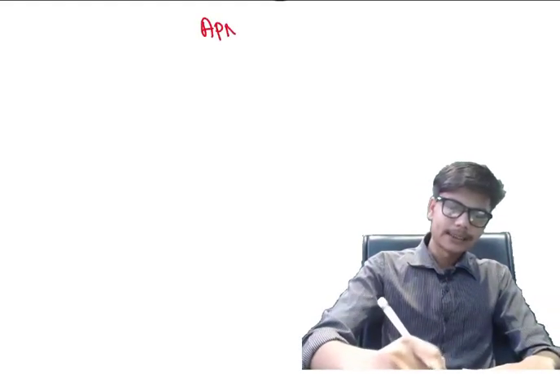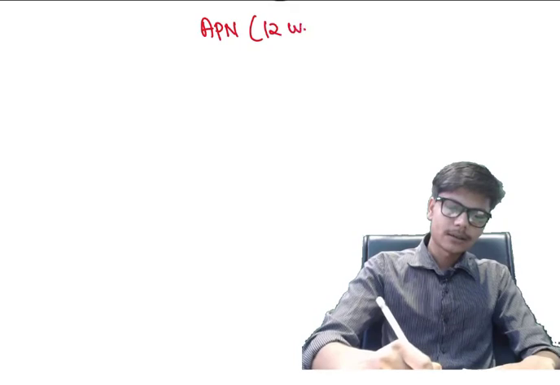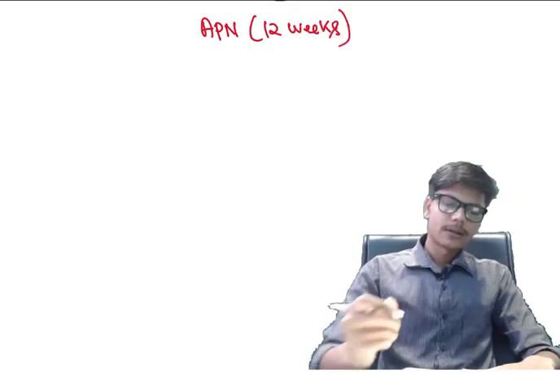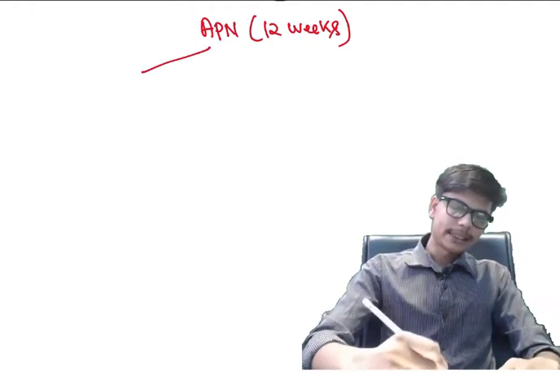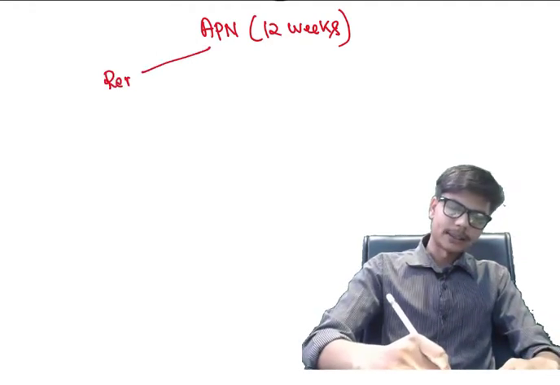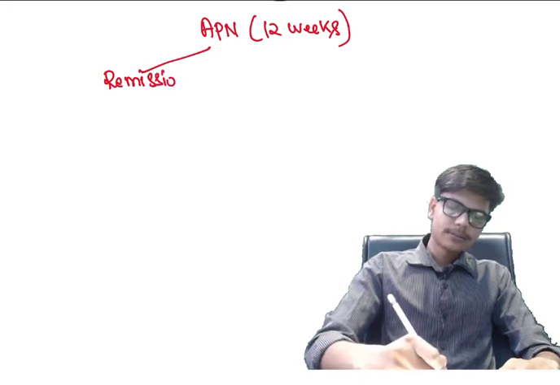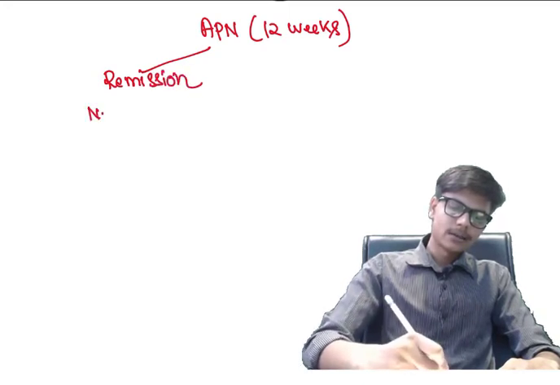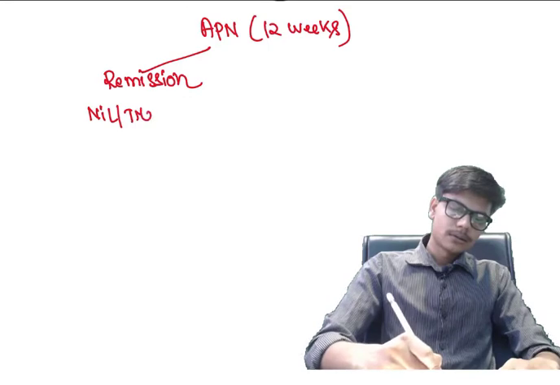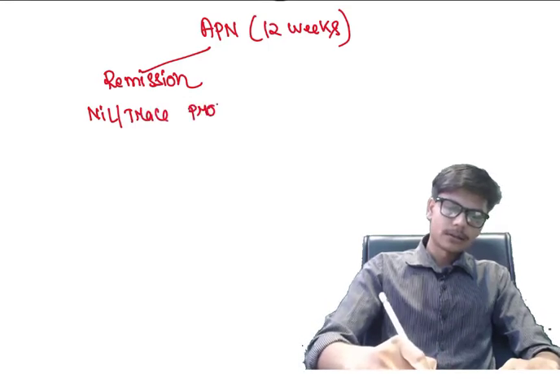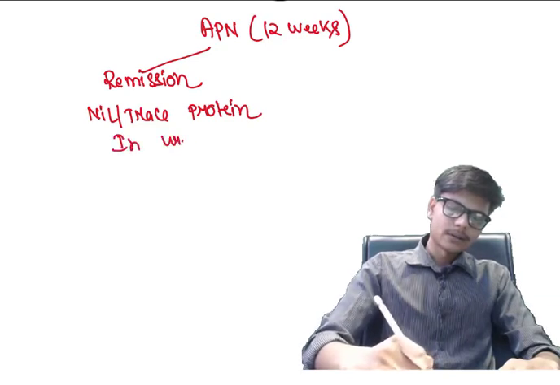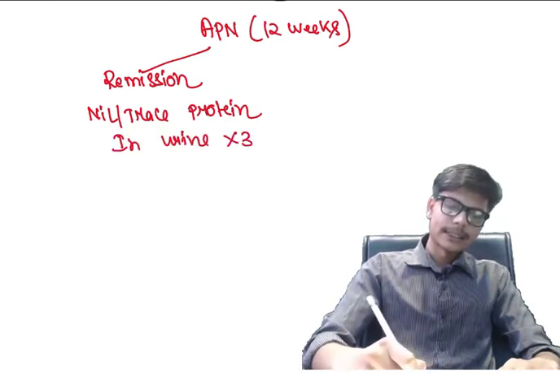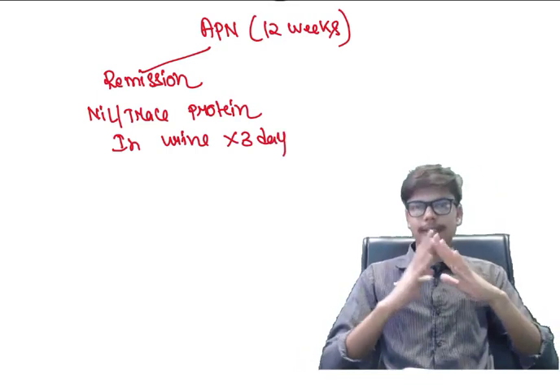Okay, so after using the APN regime for 12 weeks, there can be abolition of proteinuria, which we say the person has gone into remission, that there is nil or trace protein in urine for 3 consecutive days.